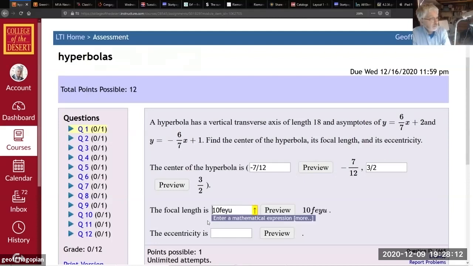Whoops. I'm trying to type in square root. I'm off. Okay, square root of 261 divided by 7, huh?